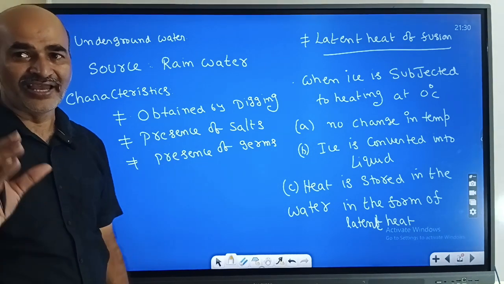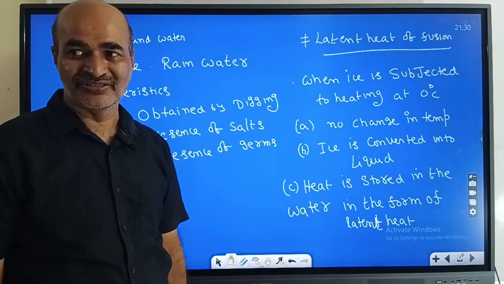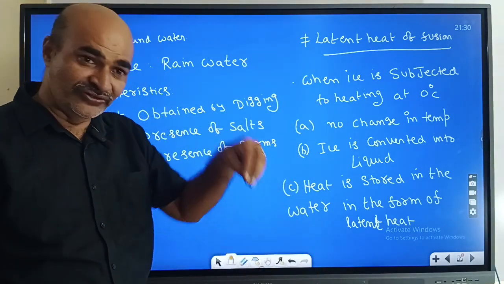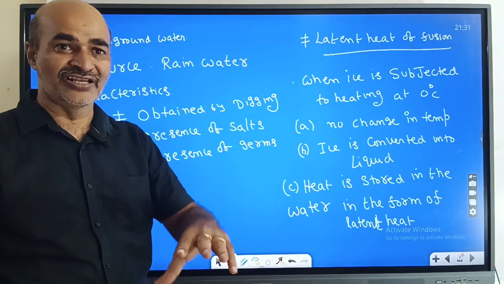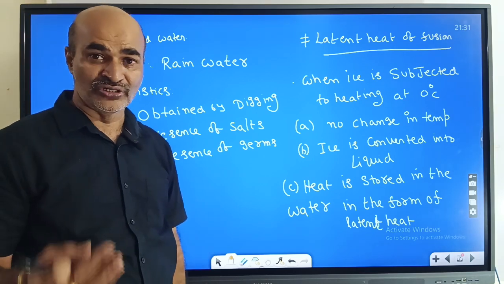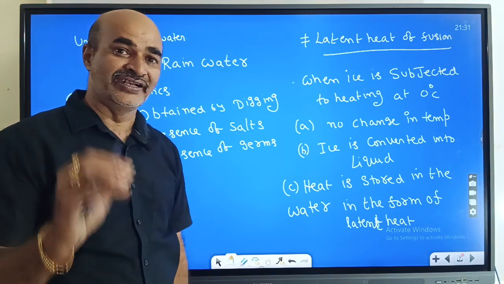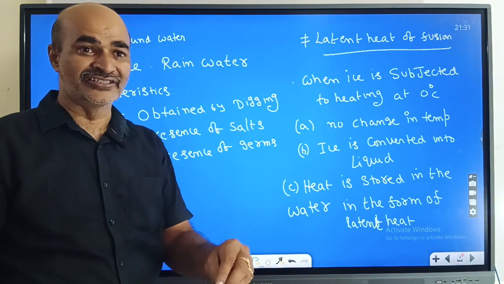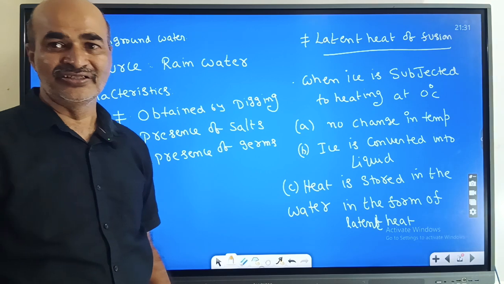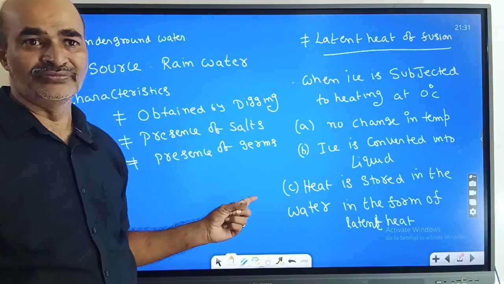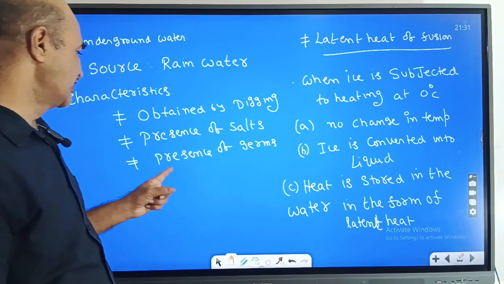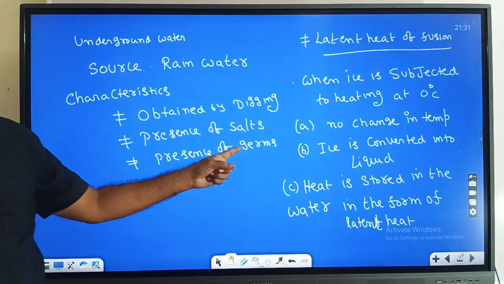The earth's crust has various types of salts. When water flows into the earth, some salts dissolve into the water, especially magnesium chloride and sodium nitrate. All nitrates are water soluble, so some salts are soluble in groundwater. Next, this water contains germs.